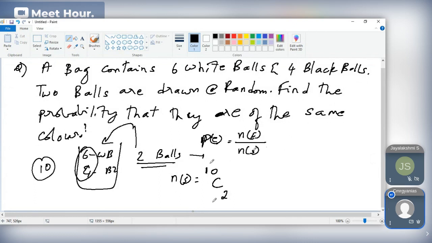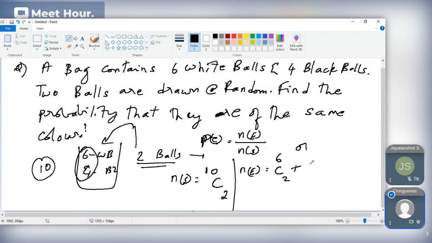Understood? And what is my N of E? In N of E, I'm telling that 2 balls should be of the same color. So, out of 6 white balls, it must be 2 white balls, both. Or, whenever 'or' comes, I said what?